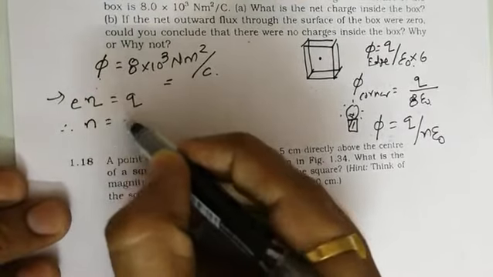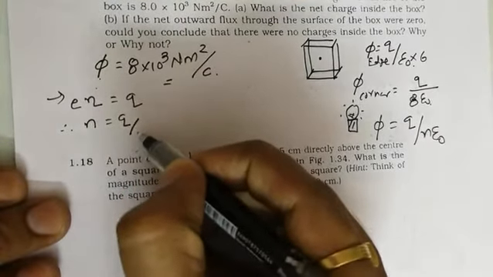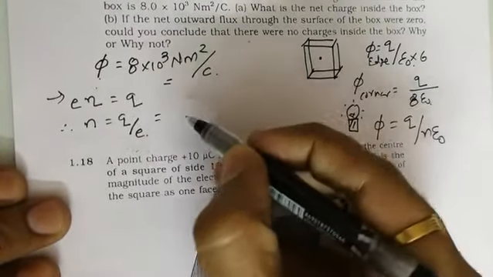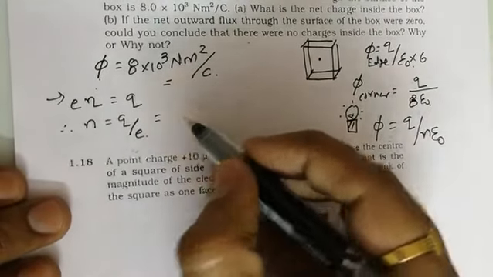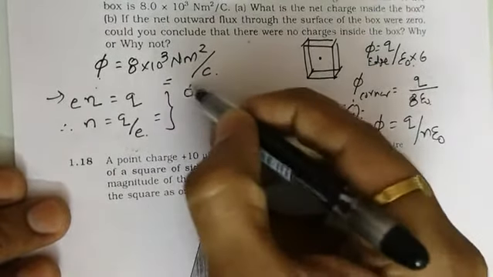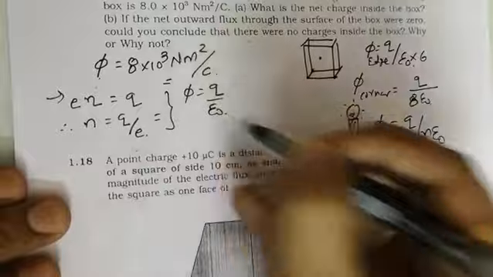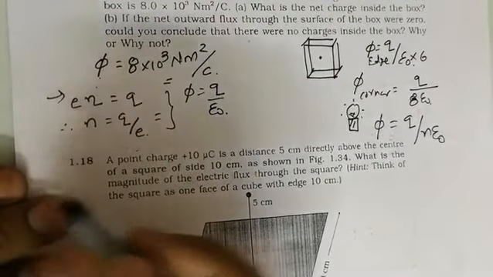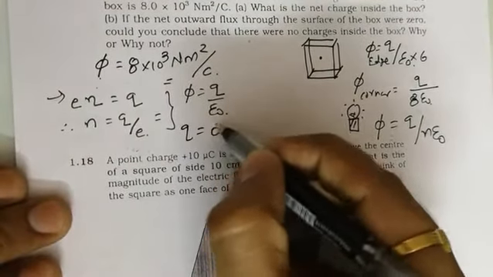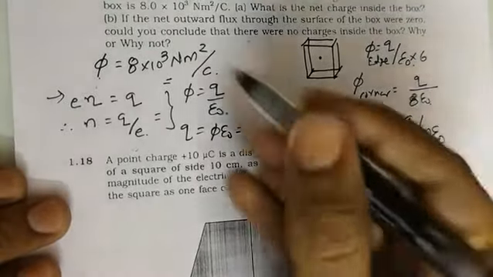So our n into E is equal to our flux phi, q by epsilon 0. So we can have q is equal to flux phi into epsilon 0.